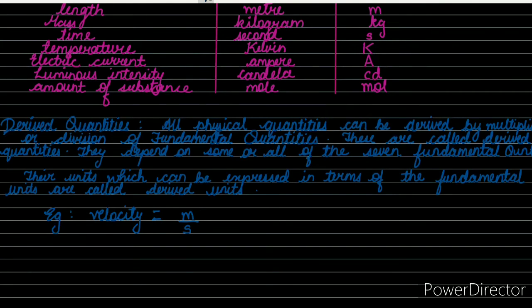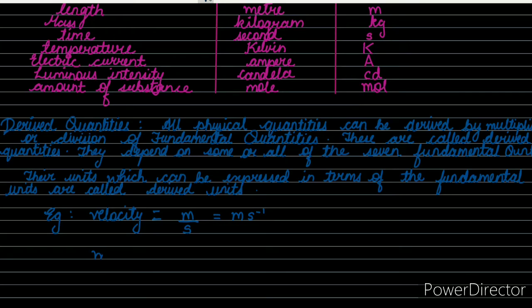So the unit for displacement is meter, divided by time, that is second. Both these units, meter and second, come under our fundamental quantities, right? So hence we can say that velocity is a derived quantity.